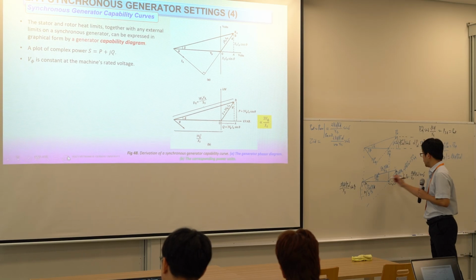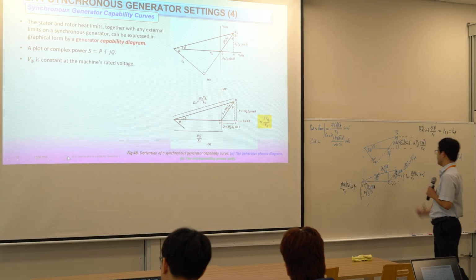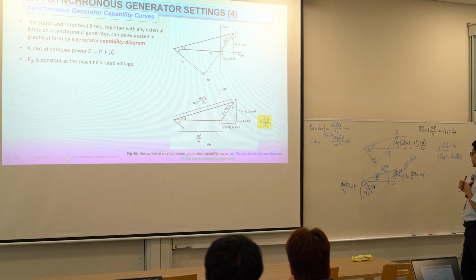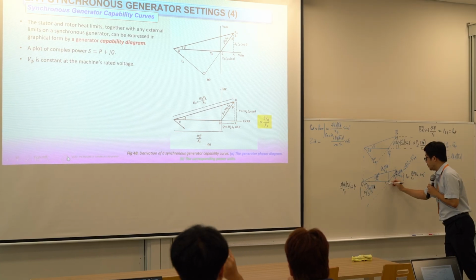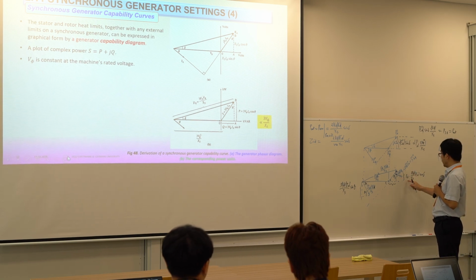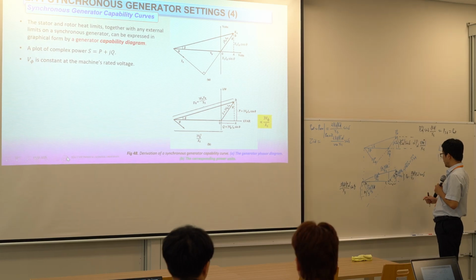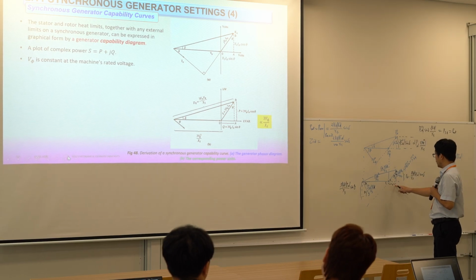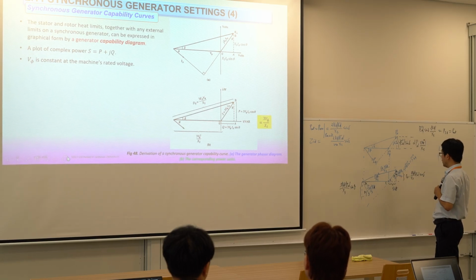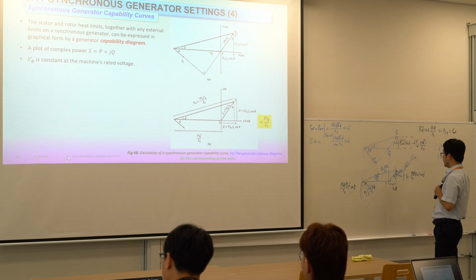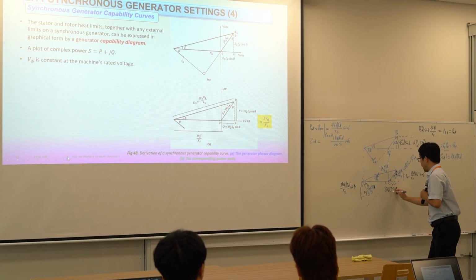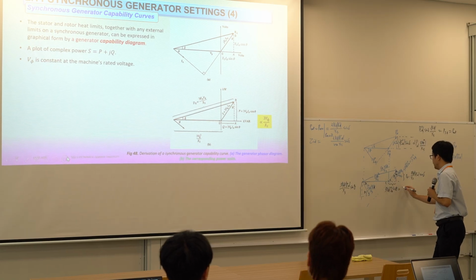So this is theta, so it means this one is theta, because this angle equals this angle. So here we get sine delta. How about theta? Sine theta, 3V phase IA is the Q.